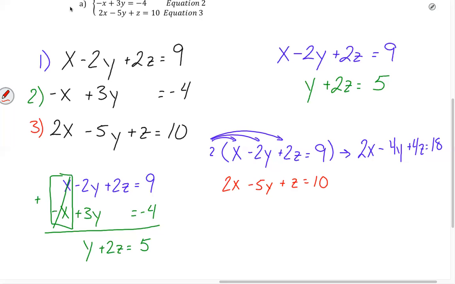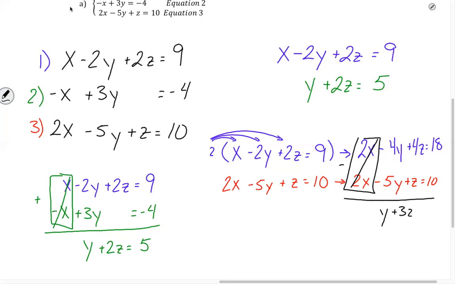I'm going to rewrite this red equation. So I have 2x minus 5y plus z equals 10. Notice my x's are the same, so I'm going to subtract. They cancel. Negative 4y minus negative 5y is y. 4z minus z is 3z. 18 minus 10 is 8.